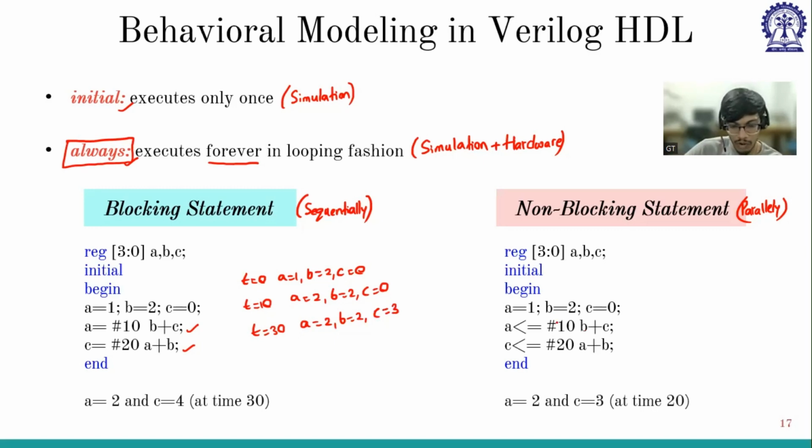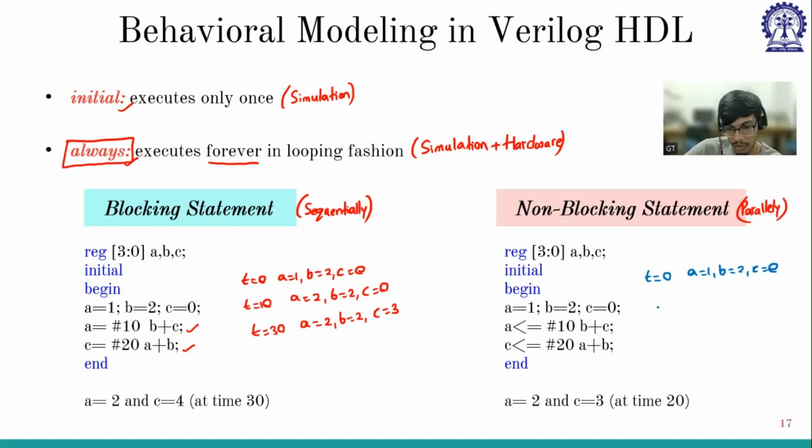If you come over here at t equal to 0, maybe I'll change the color. At t equal to 0, we have a equal to 1, b equal to 2, c equal to 0. So both will be done parallelly. This will happen at t equal to 10, and this will happen at t equal to 20, because both are going on parallelly.